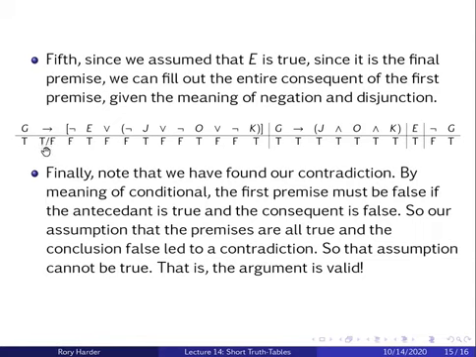So we have to put a false under the conditional here. But we also assumed that this conditional was true, because this conditional, if G, then not E or not J or not O or not K, is the first premise.